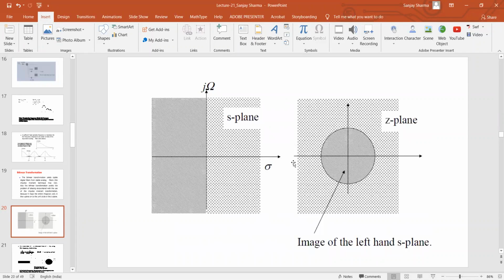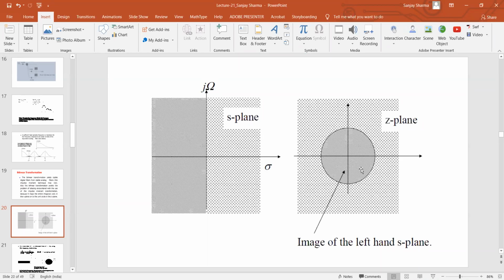That means in the bilinear transformation, there is a one-to-one mapping of the complete left side of the S plane to the inside of the unit circle. Therefore, bilinear transformation avoids the problem of aliasing. That is to be understood clearly.